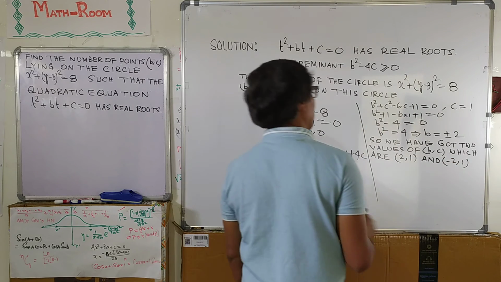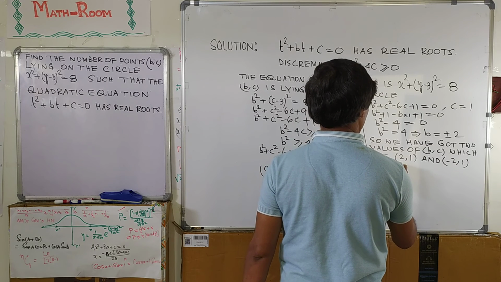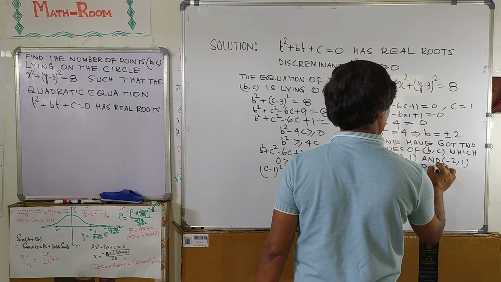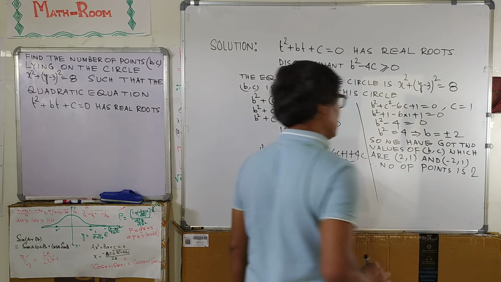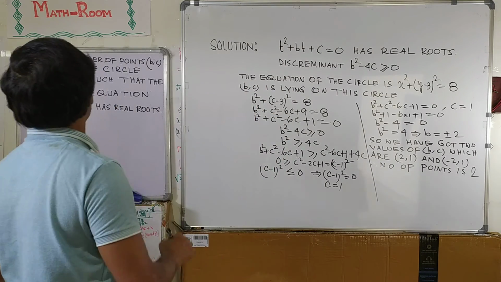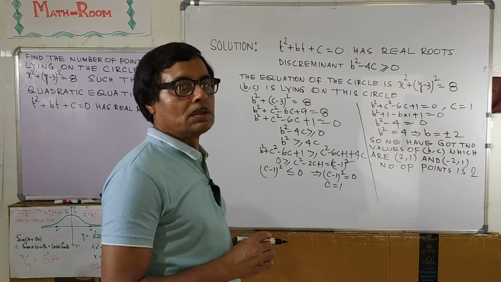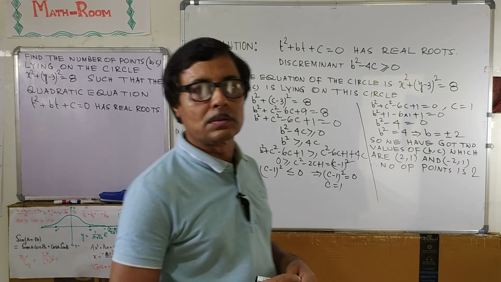So the number of points is 2. So we have found the number of points (b, c) lying on the circle x squared plus (y minus 3) whole squared equals 8.